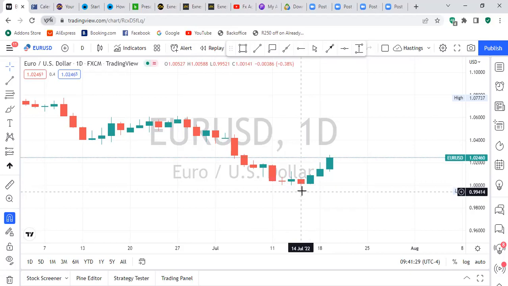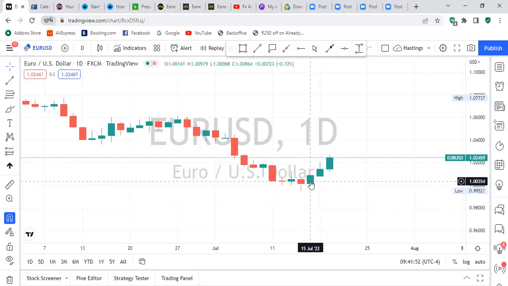While it was retracing back, the bulls were in control. But by the close, they had not much power, and then the bears came and closed it here. This is a bearish candle and this is a bullish candle.